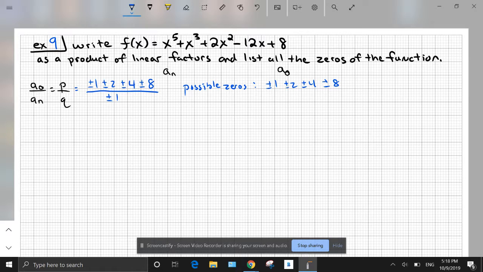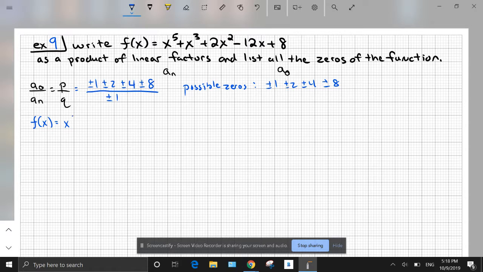Remember that we're getting these numbers because 1 divided by 1 is 1, plus or minus 2 divided by 1, plus or minus 2, and so on.